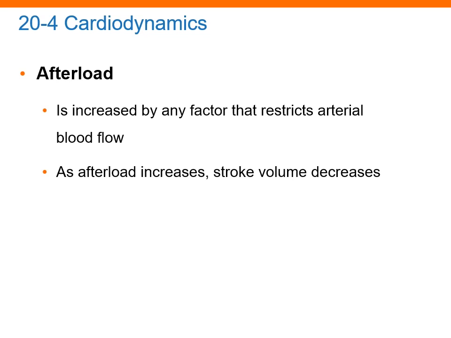And I already mentioned that, and hopefully you could just think about it from a logical perspective. So again, there's more resistance, there's more restraint preventing that blood from leaving the heart when you constrict the arteries, and that makes it harder to get the blood out of the heart. So it means there's, again, a lower stroke volume, a lower volume per beat.